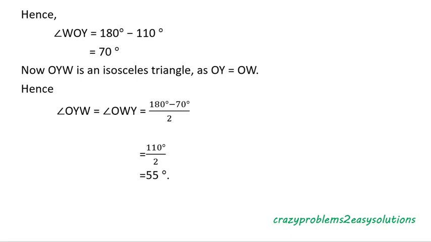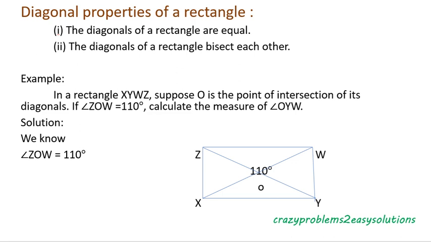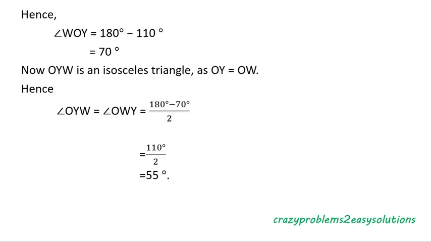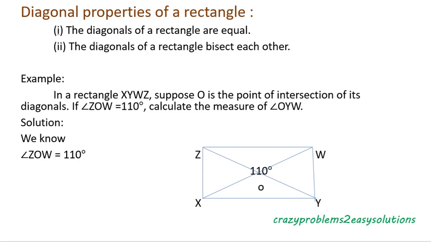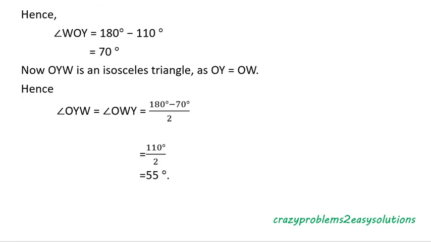Now, triangle OYW is an isosceles triangle. Two sides are equal: OY and OW are both equal because of the isosceles triangle.